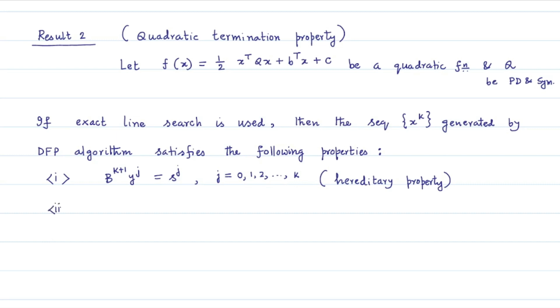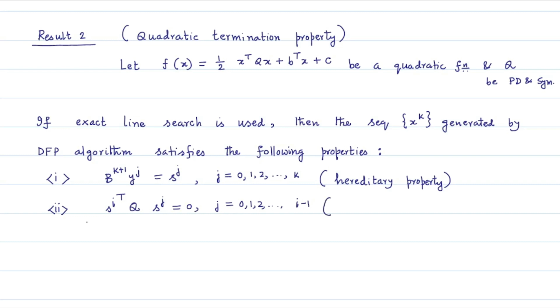The second is that the vectors s_i and s_j for j equal to 0, 1, 2 till i minus 1 are perpendicular to each other with respect to the matrix Q. That is, s_i transpose Q s_j is equal to 0 for all j equal to 0, 1, 2 till i minus 1.